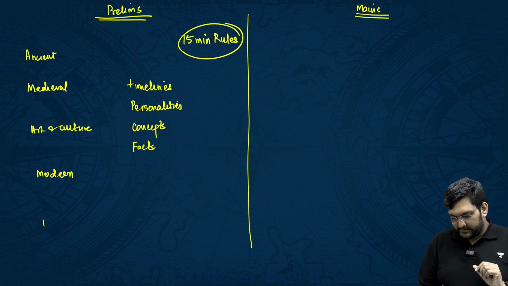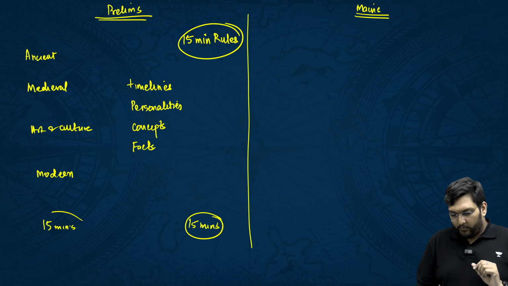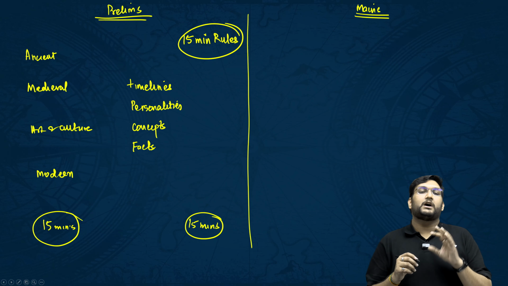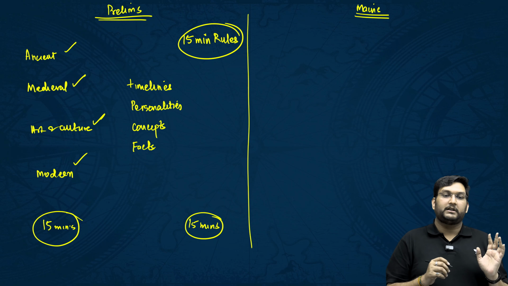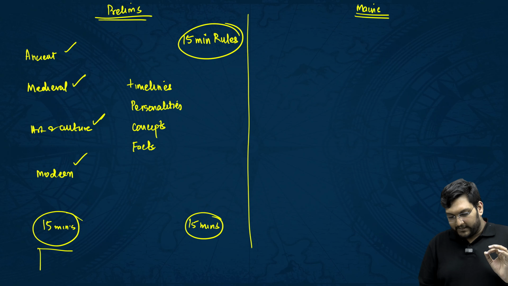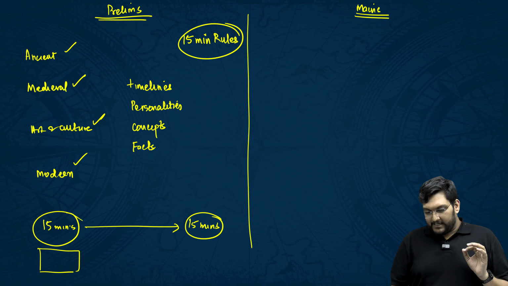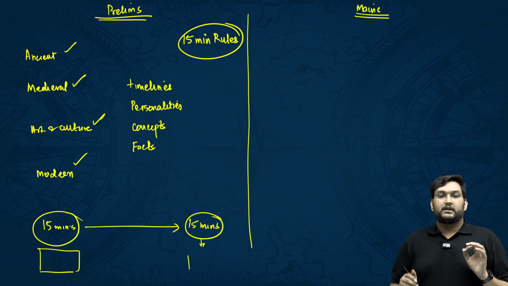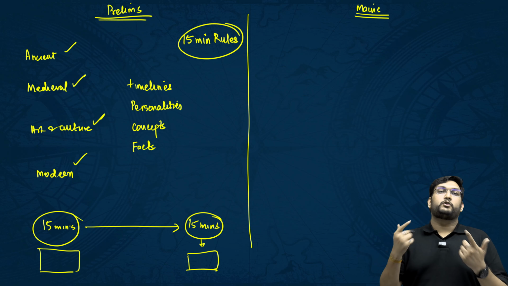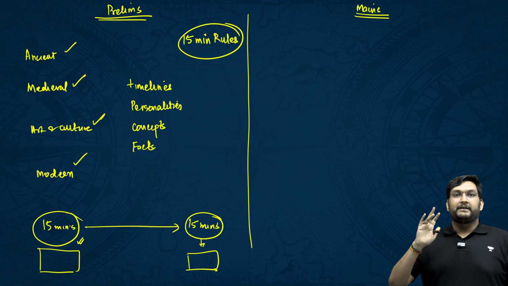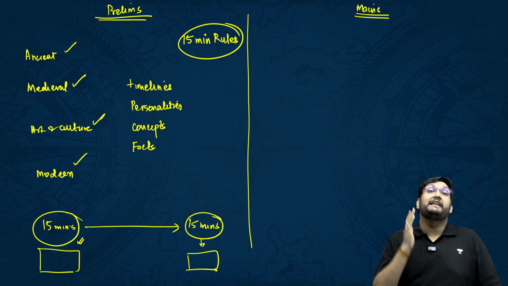Every day 15 minutes in the morning and 15 minutes in the evening. What I want from you is that you learn a certain amount of facts, be it from ancient, medieval, art and culture or modern, and you learn it in the morning, try to remember it through the day, and in the evening revise it, so that if you remember them, very good, write them down. If you don't remember them, revise. Be it drought, cyclone or any form of natural disaster, you cannot leave this.